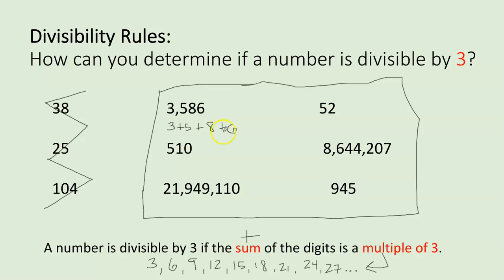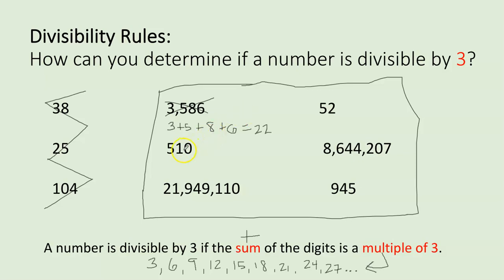And then we take 16 and we add 6 and that gives us 22. 22 is not a multiple of 3. So that means that 3,586 is not divisible by 3. In fact, if you divided 3,586 by 3, you would get a remainder.